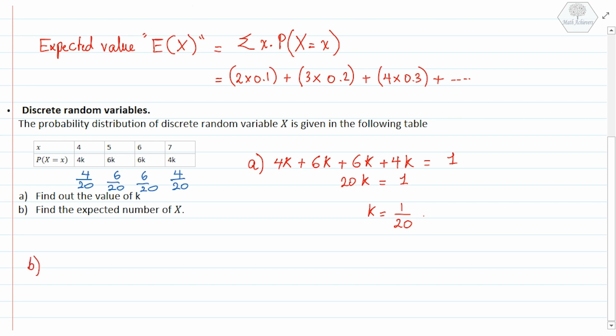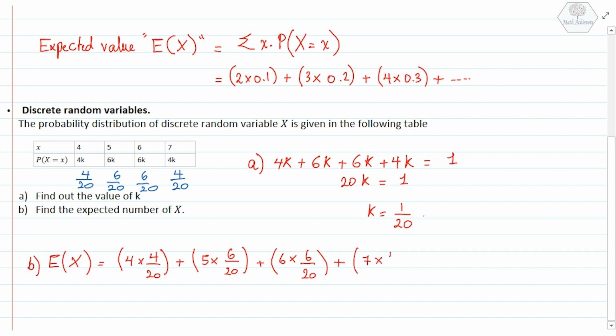So for part B, the expected value of x is equal to 4 times 4 over 20 plus 5 times 6 over 20 plus 6 times 6 over 20 plus 7 times 4 over 20.